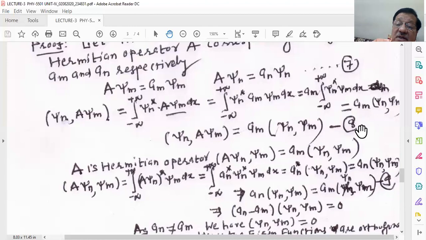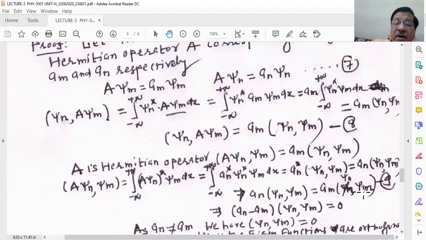The right hand side of equation number 8 is am (ψn, ψm).